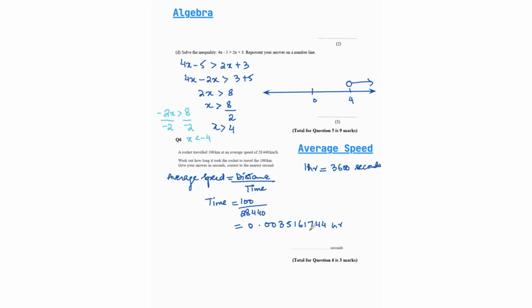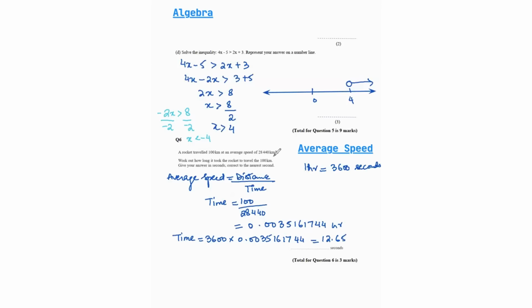So to convert this into seconds, we multiply this by 3600. So 3600 times 0.0035161744. And that's going to give us 12.65. They want the seconds correct to the nearest second.